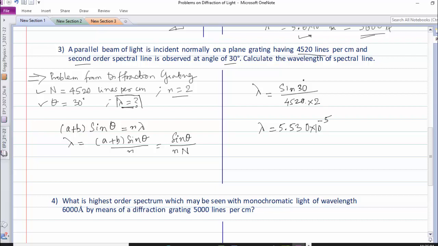The unit will be centimeter, because 4520 are the lines per centimeter. After converting it, we can write this as 5530 into 10 raised to minus 8 centimeter, and also we can write it as 5530 angstrom unit.